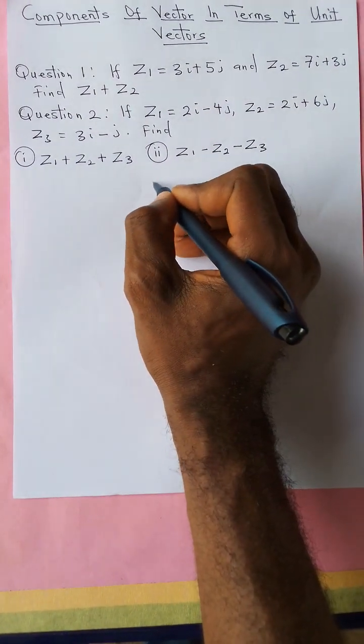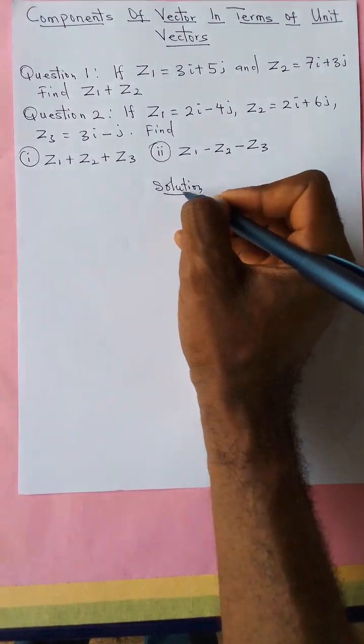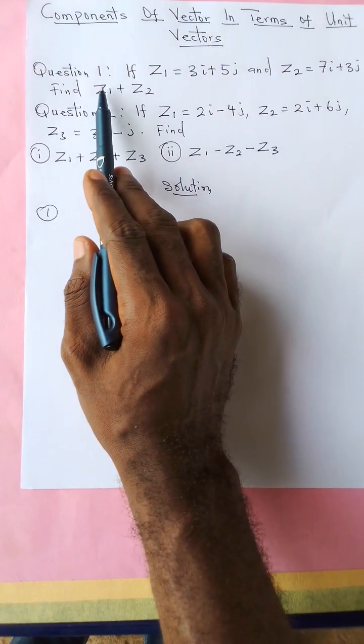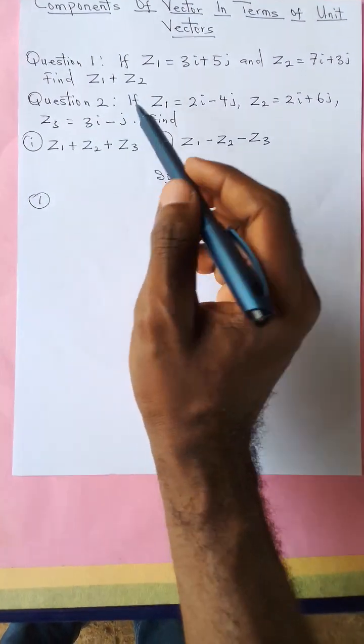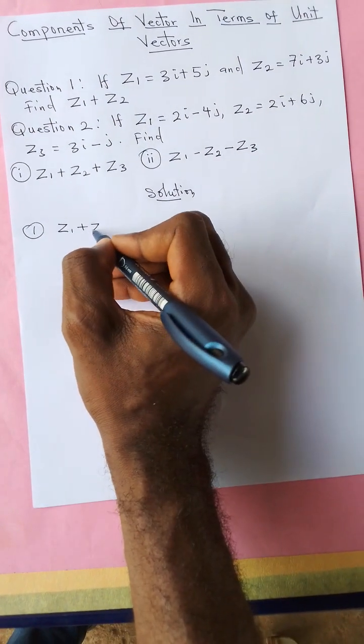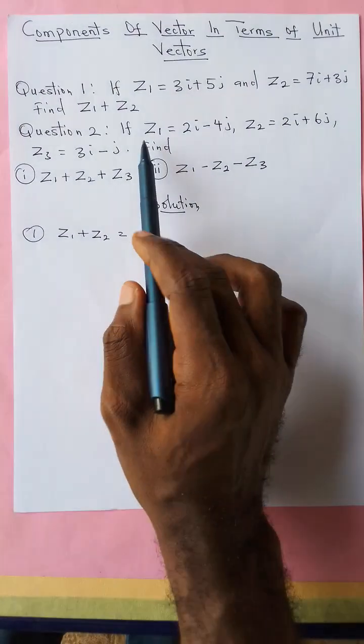So let's see our solution. Now question 1. You see they say find Z1 plus Z2. So Z1 plus Z2 is equal to, now what is the value of Z1?